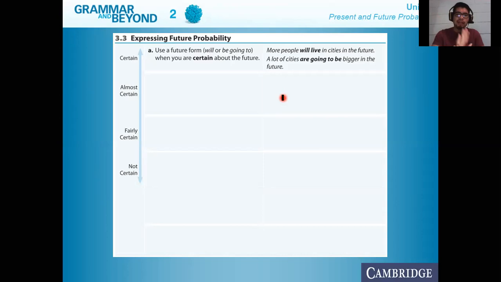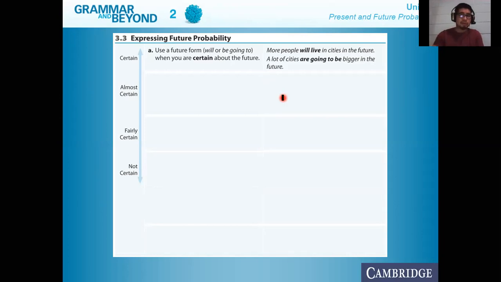So what I'm trying to tell you right now is that when we studied will and going to and what their differences were, we learned that one is for certainty and the other one is for an uncertain future. In this case, the book is telling you that they are certain in the future, but that is not completely true. Okay, I want to clarify that and leave that out of the way.